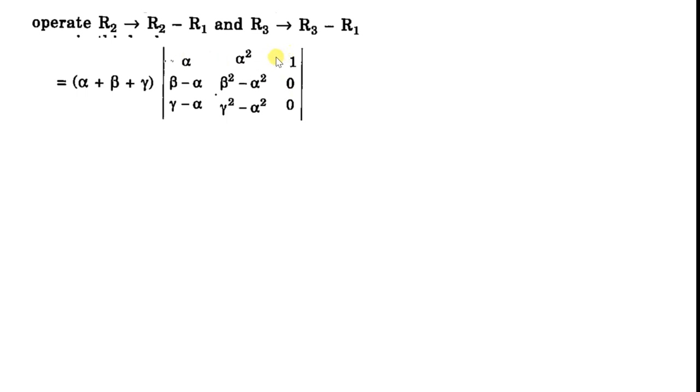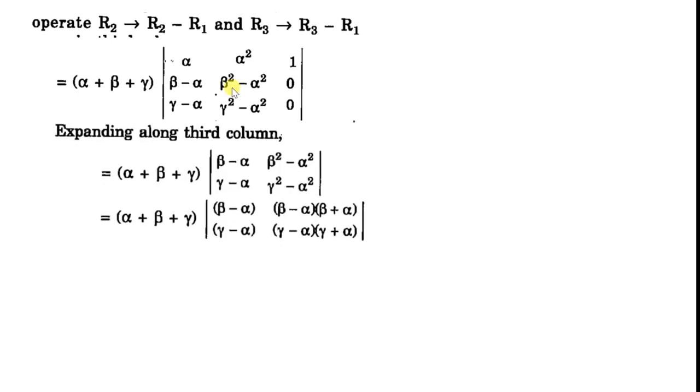First row remains as such, and the third row becomes gamma minus alpha, gamma square minus alpha square and 0. This beta square minus alpha square can be factorized as beta minus alpha, beta plus alpha. Similarly, gamma square minus alpha square can be factorized.